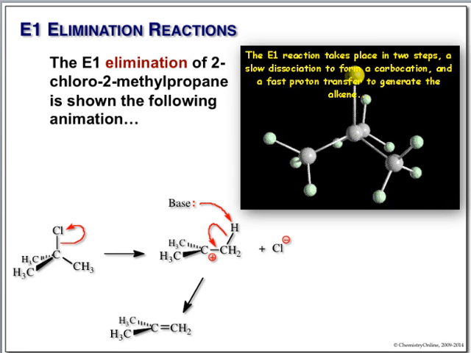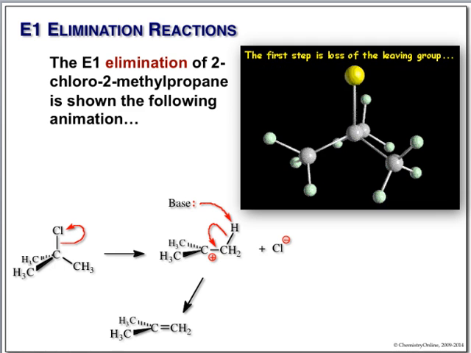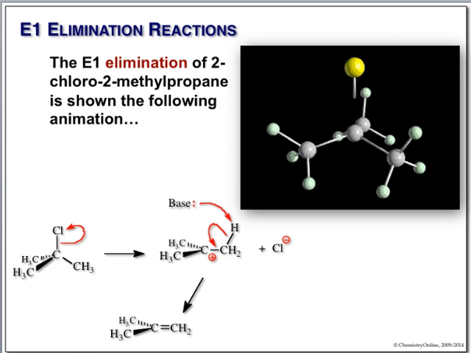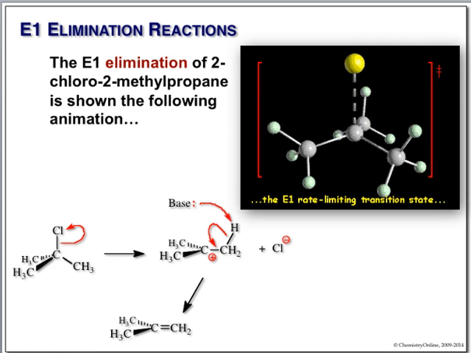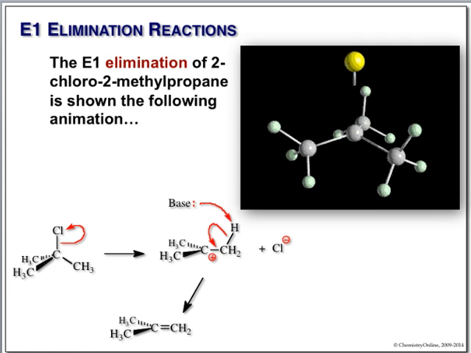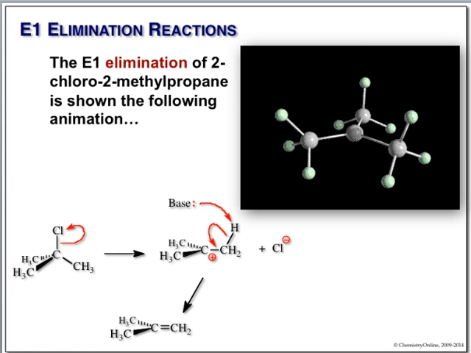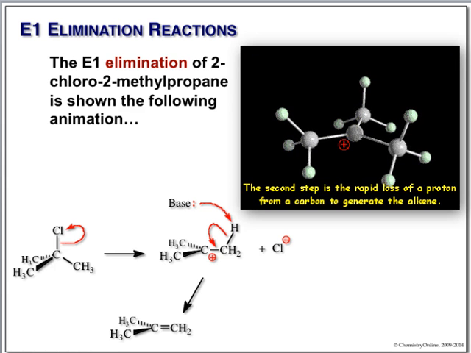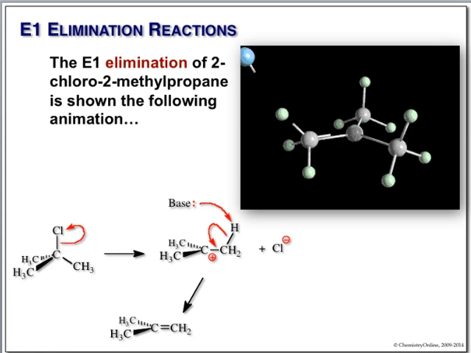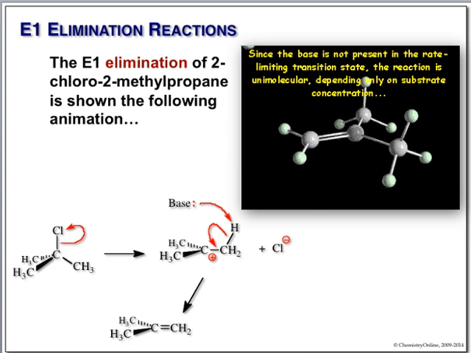This looks a whole lot like the standard SN1 reaction, except once we make the carbocation, we pull off one of these hydrogens. Here's our slow step. And there's our carbocation. Once we're at this point, instead of attacking, we simply yank off a hydrogen and make the alkene.